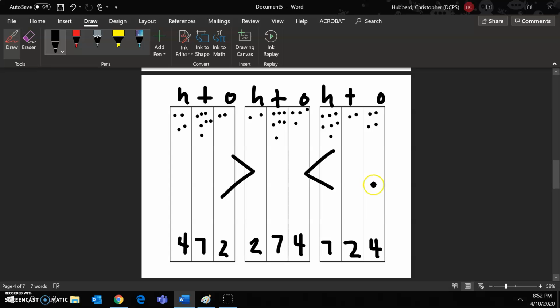Or, if we read it the other way, 724 is greater than 274, and 274 is less than 472. Remember, one more time, that the mouth always opens to the bigger number because the smaller number eats the bigger number. Doesn't matter how many numbers that we have.